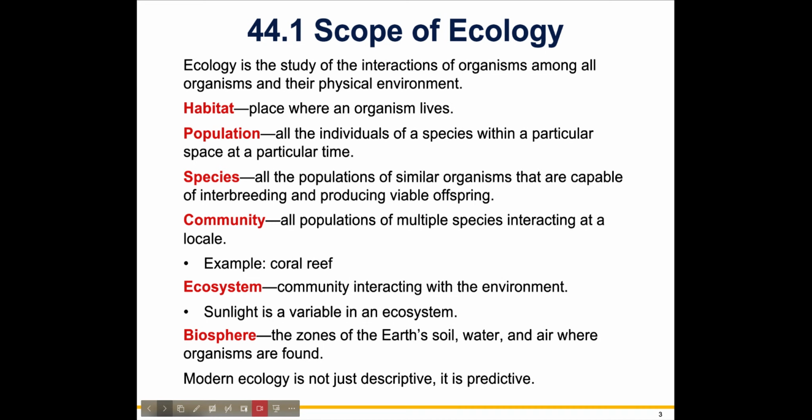But it's gone beyond that to not just can I name all these plants and animals and all the parts of an ecosystem and tell you how they work together, but it's gone into more of a predictive science where we are modeling and trying to understand what changes do to our environments and our communities and our habitats and our species. And so that's really where even this lecture is going to take us into that more predictive part of it.